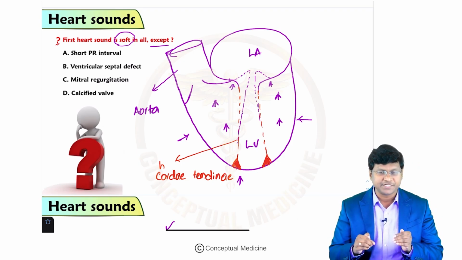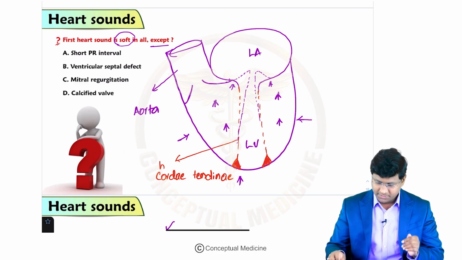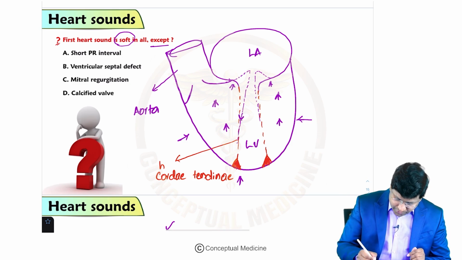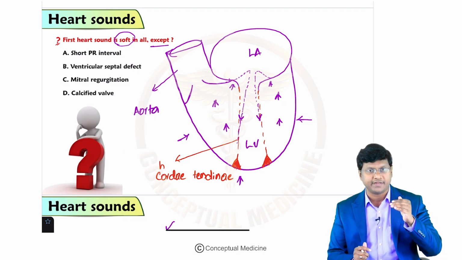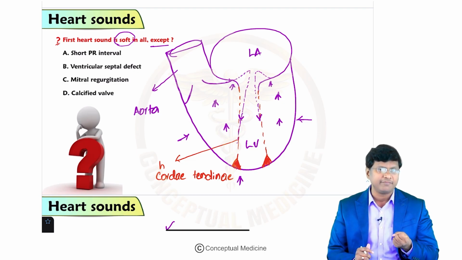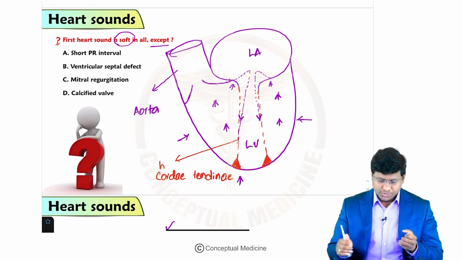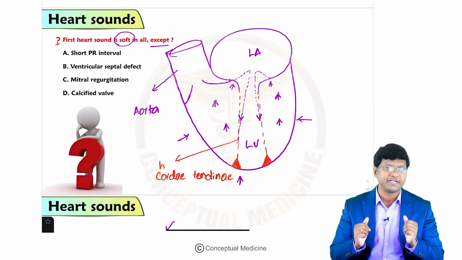Because of the pressure rise within the ventricles, the mitral valve is pushed into the atria, but the chordae tendineae, due to elasticity, will pull the valve downwards. So the mitral valve is set into vibration.